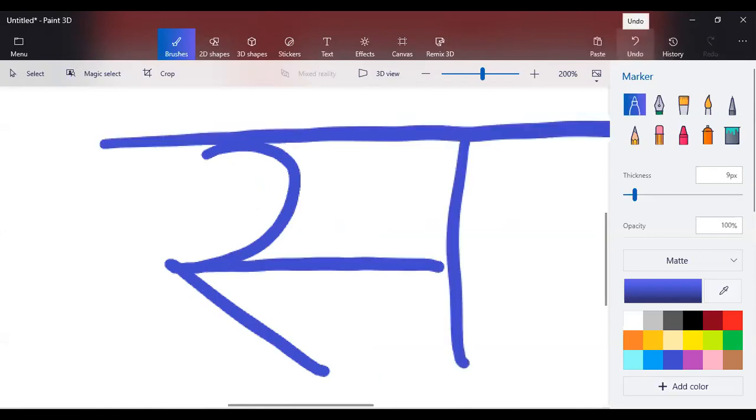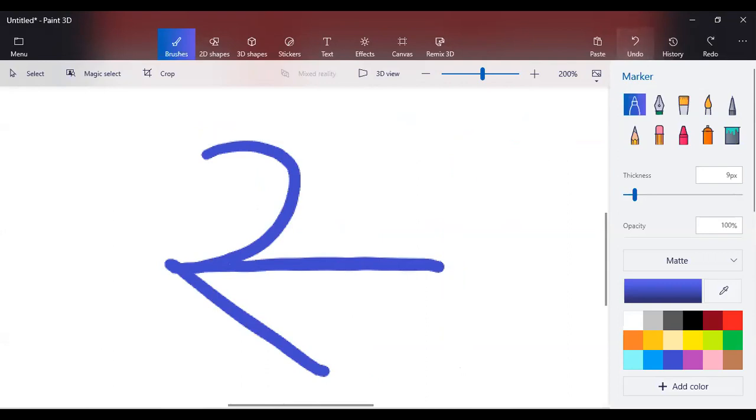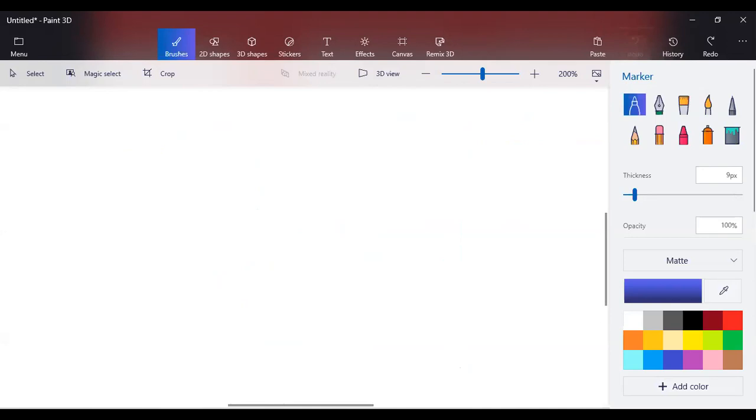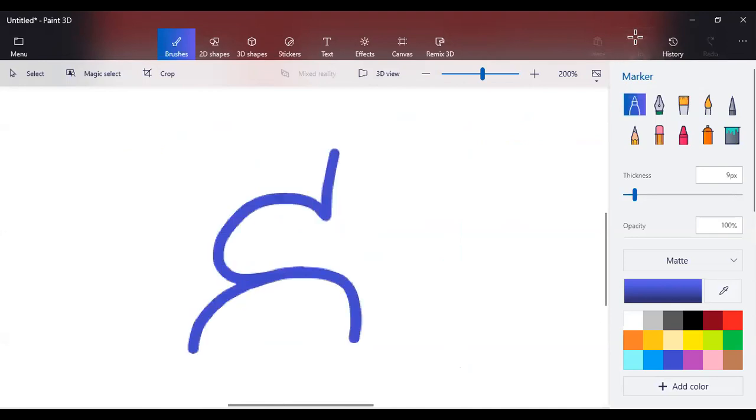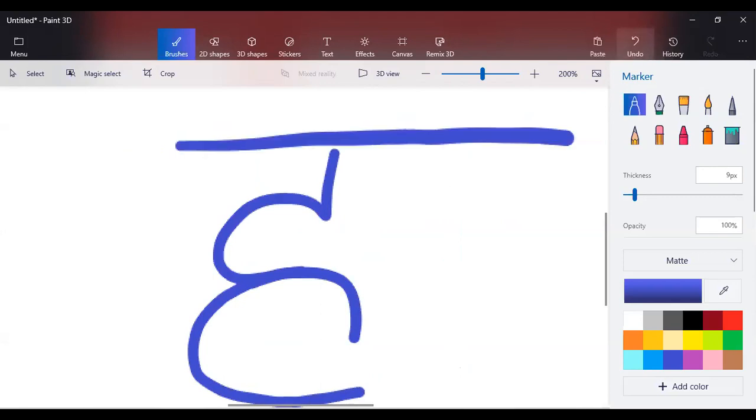This is sa. Sha, sha, sa. These three letters are hard consonants and mahaprana. Now the last letter of the sibilant, which is ha, is mahaprana, but it is a soft consonant, and this is how it is written.